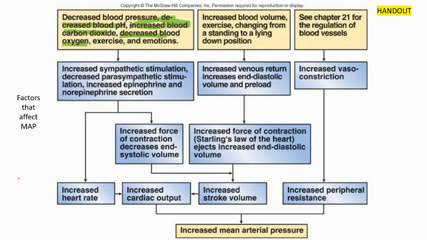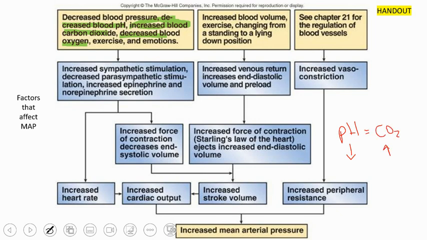You're going to need to know that. So for example, if pH is going to decrease, then that means carbon dioxide levels are increased, which means oxygen levels are decreased. Notice the relationship between pH and oxygen. They do the same thing.